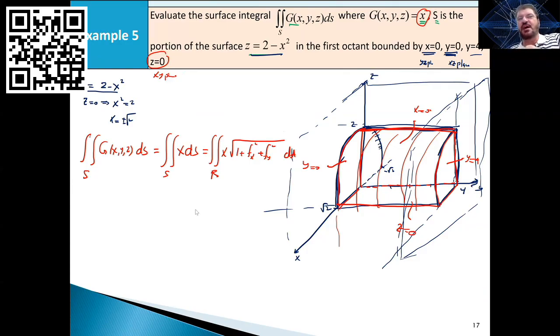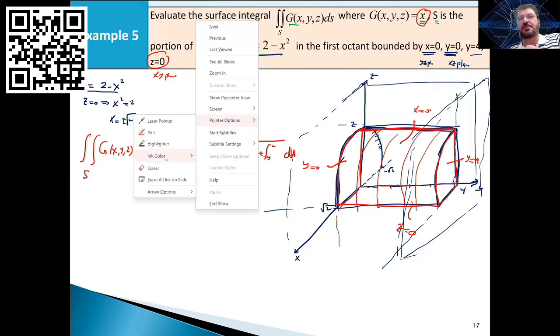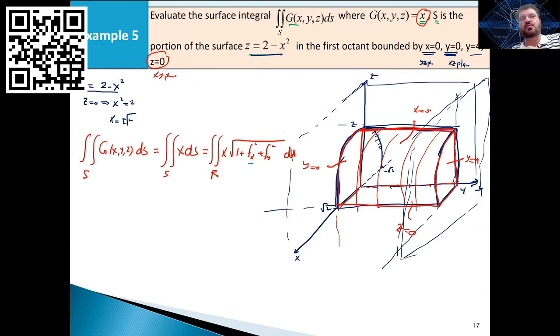So now let's find the missing parts in this formula. Here is fx. We know that z, which is actually f of x and y, is 2 minus x squared. So what's fx, guys? What's the partial derivative with respect to x? It's minus 2x.